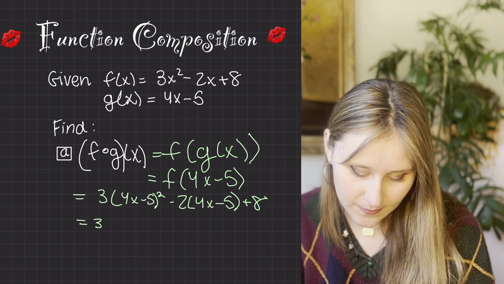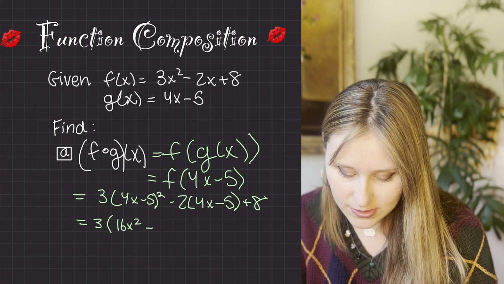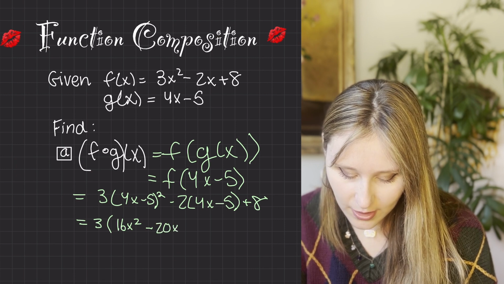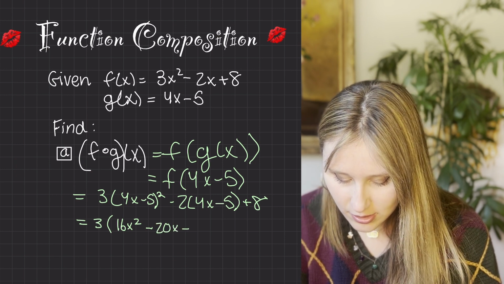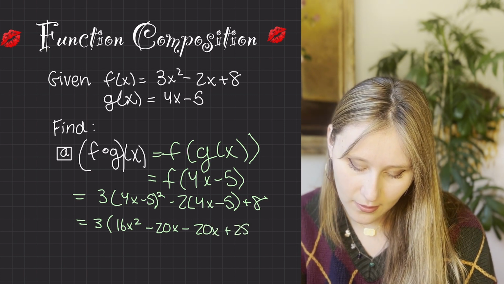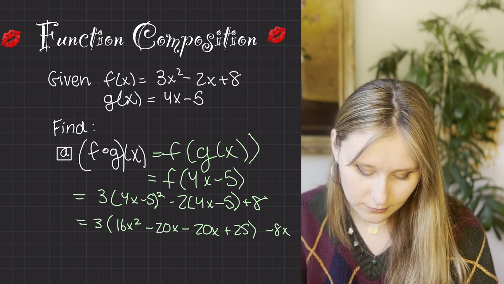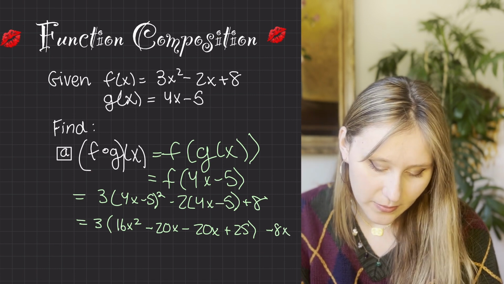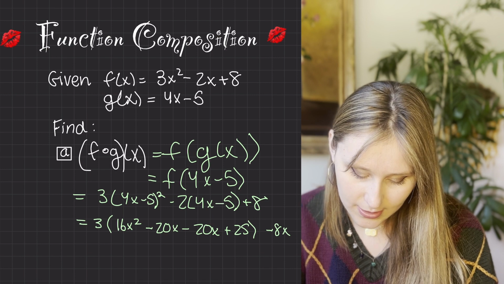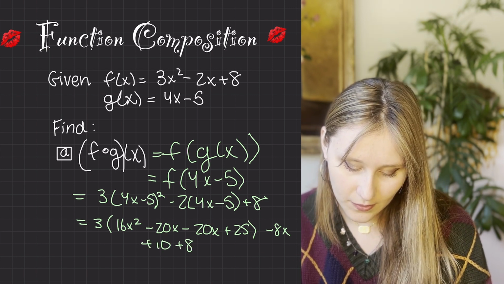So 3 times (16x squared minus 20x minus 20x plus 25) minus 8x plus 10 plus 8.